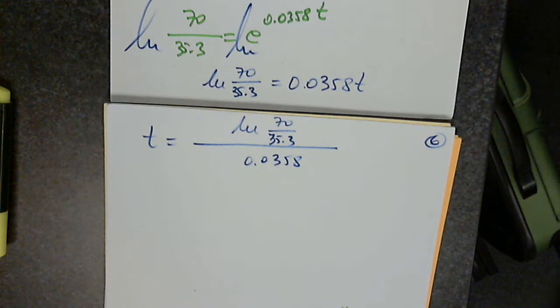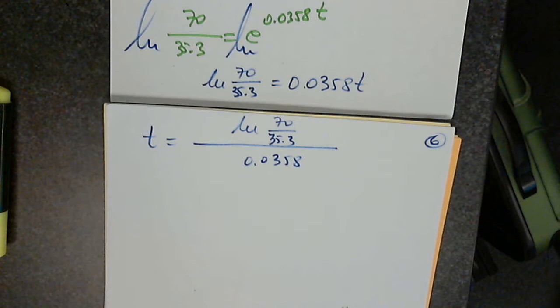So with a graphing calculator, I have natural log, 70 divided by 35.3, and I divide everything by 0.0358.